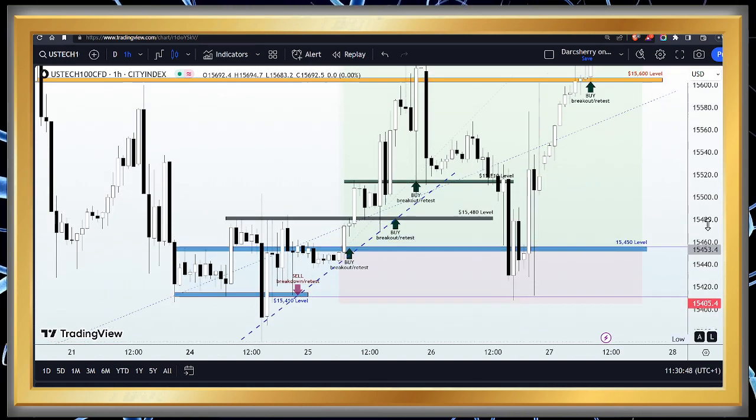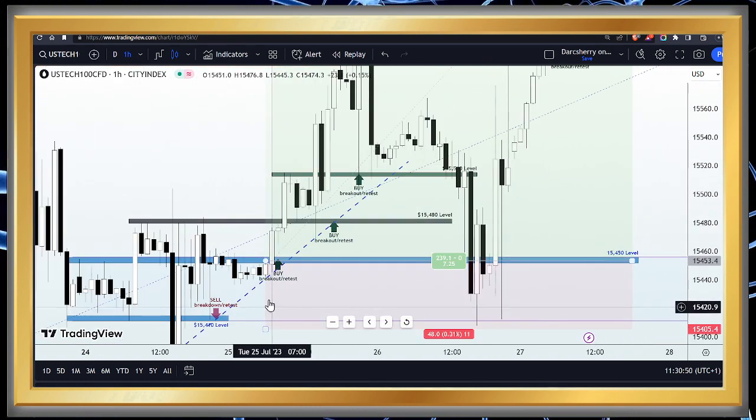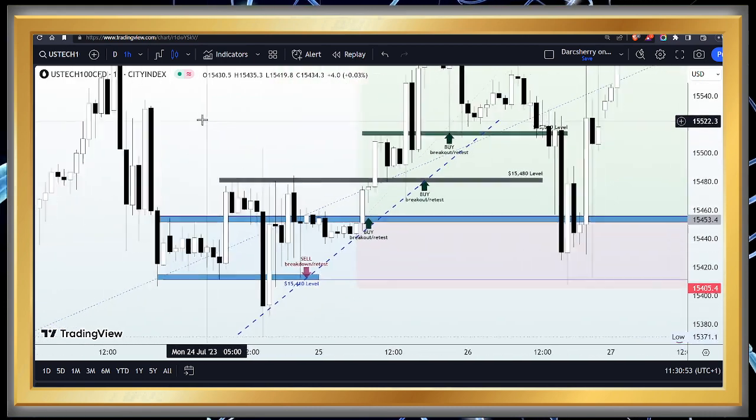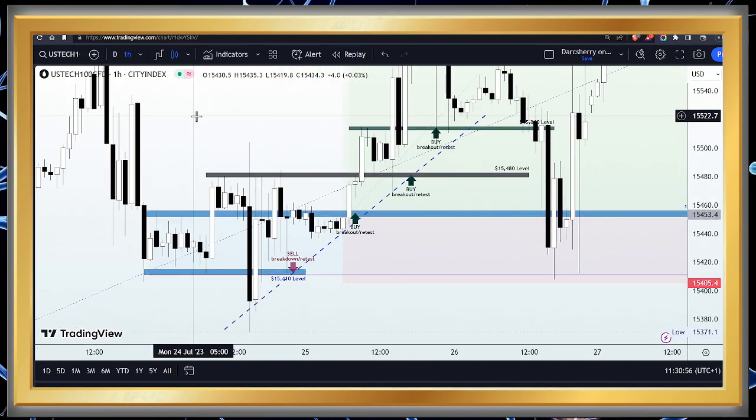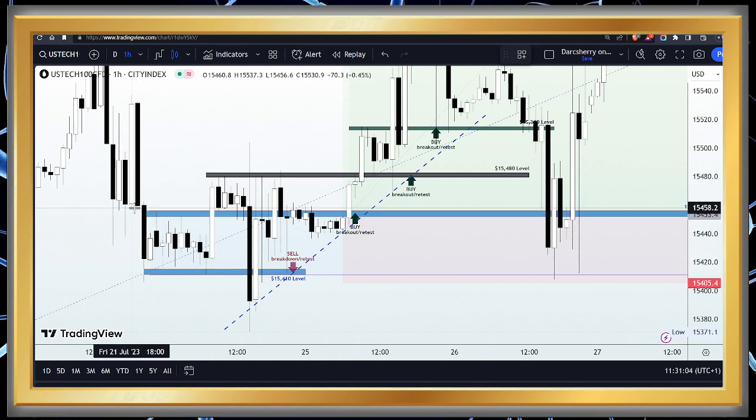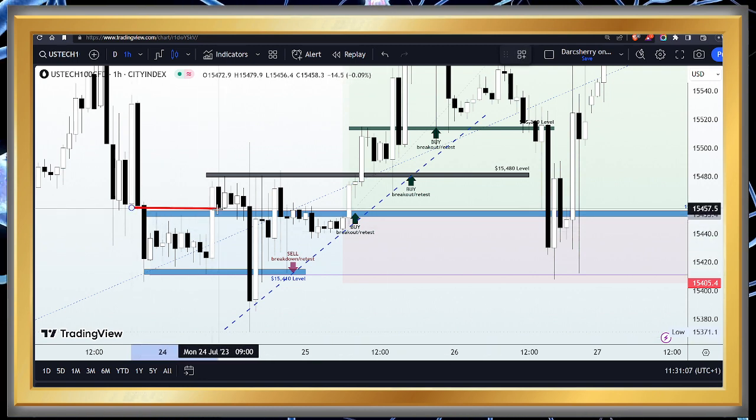Now, if you recall vividly, at the beginning of the week, it was more of an indecisive phase in this market, as the majority of participants were anticipating the Fed's announcement. As a result of this anticipation, we saw how price was ranging.